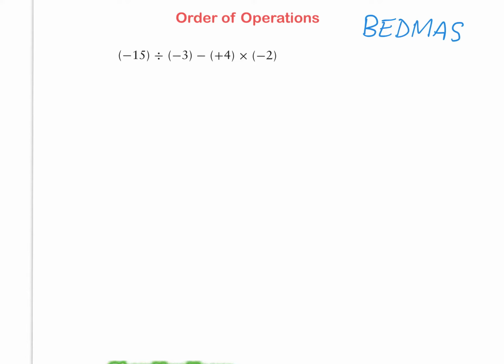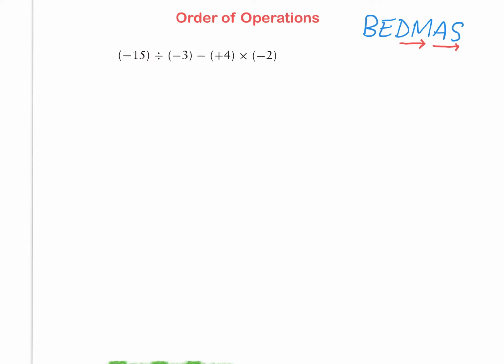BEDMAS means that in any question you start by looking at the brackets, then the exponents, division, multiplication, addition, subtraction. I'm going to put some little arrows underneath here. So we always go left to right for those and left to right with those as well.